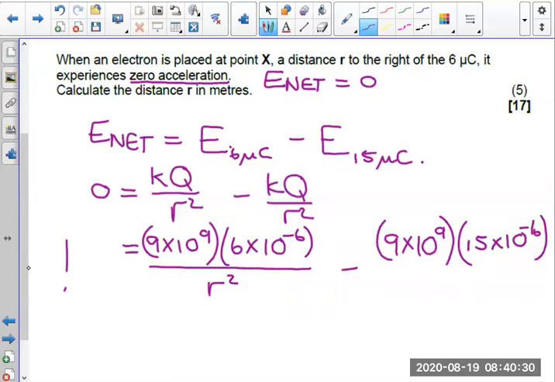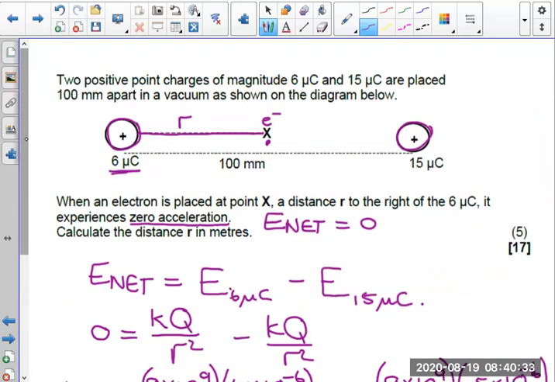And let's just quickly look at this one. They say 2 positive point charges, and the total distance from here to there is 100 millimeters. They want R. So what is this part? Remember, I'm just allowed to put this part in.